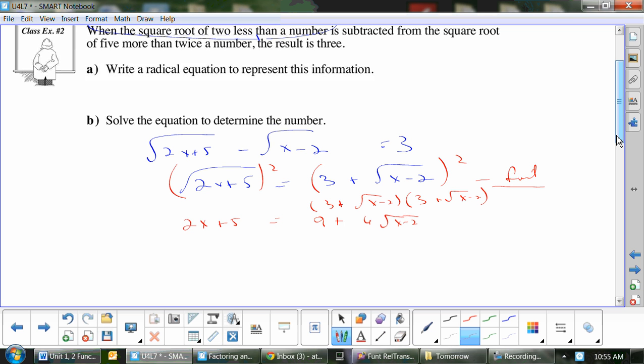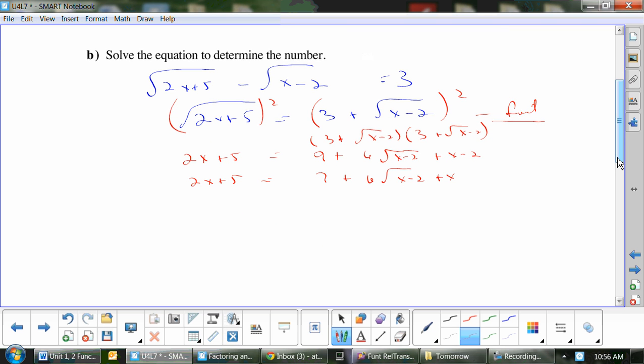And then plus x minus 2. So then I would have 2x plus 5 is... Am I combining like terms over here? So that would be what? 7 plus 6x minus 2 plus x. Okay. And what should I do?